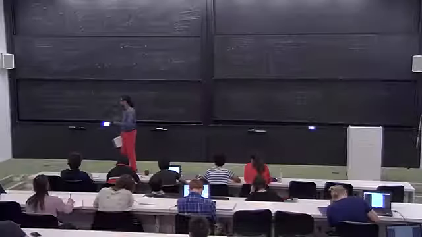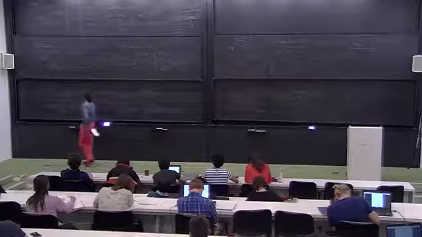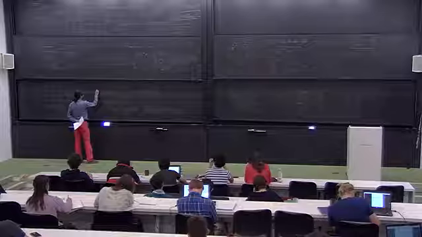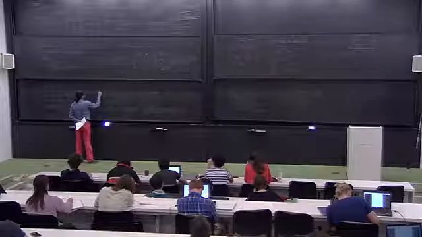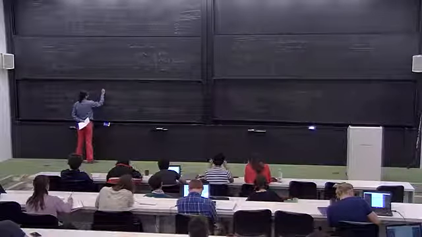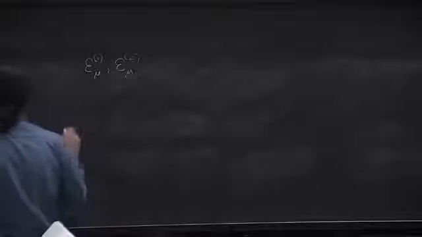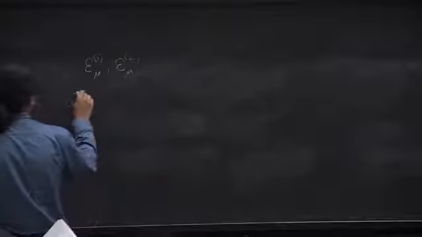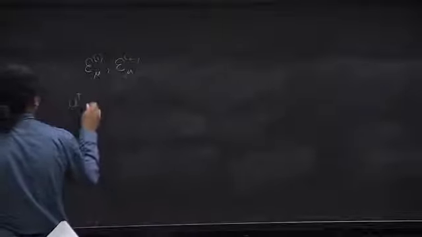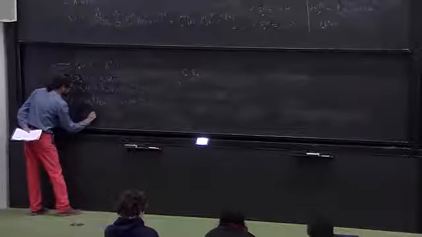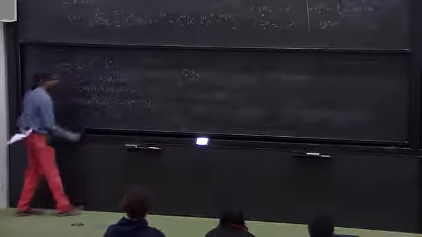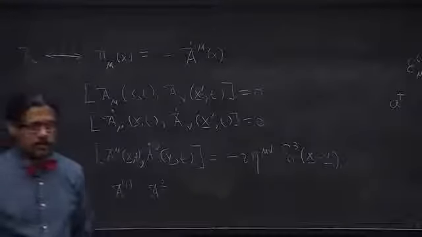And we'll see that that's very important, because the physical polarization vectors, epsilon 1 and 2, will correspond to creation operators which come from, say, A1 and A2, the physical creation operators.